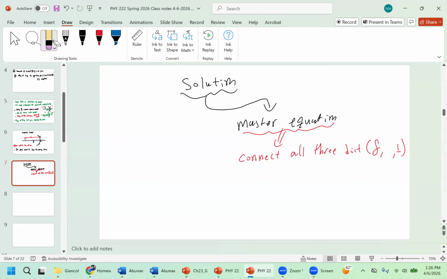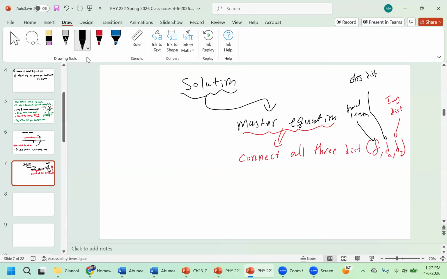I'm not going to write O. I'm going to write DO and DI, where DI is the image distance or displacement, DO is the object distance, and F is your focal length, which is basically your focus distance.